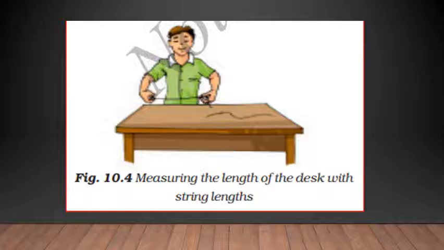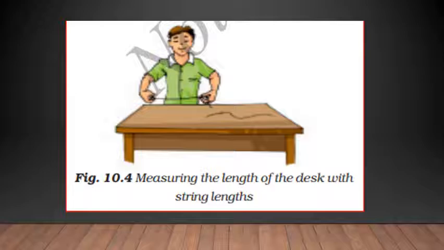Bojo had been reading about the ways people used to measure distances before such standard scales were made, and he has been trying to follow different methods of measuring distances. There are so many occasions when we come across a need to measure lengths and distances.